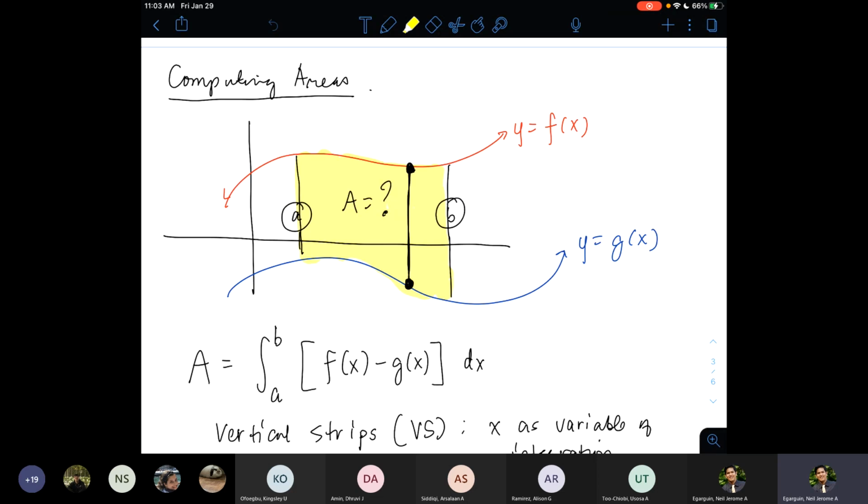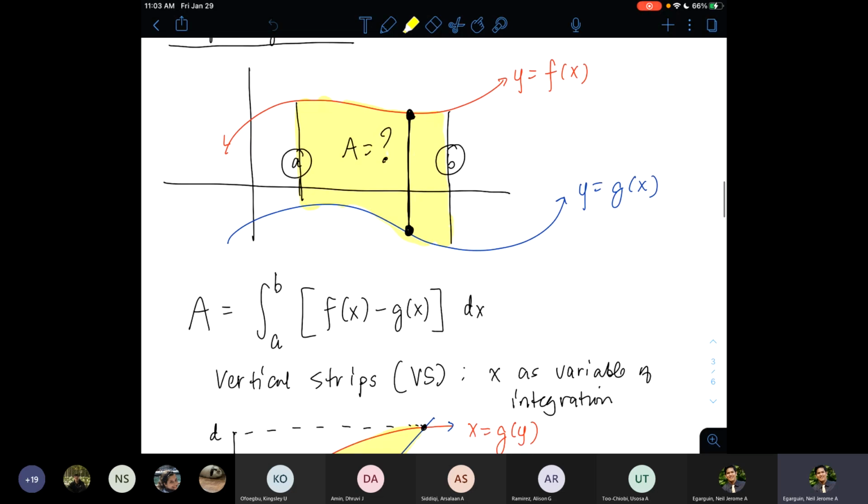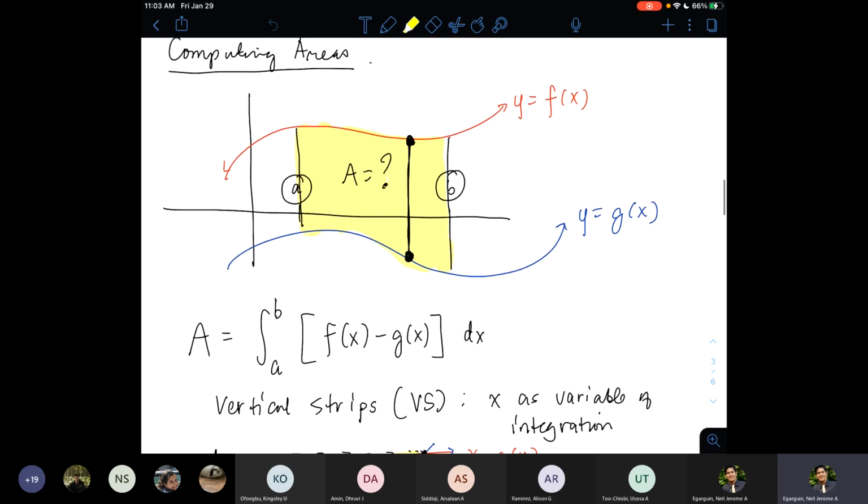So what is the function on top, on the bottom, what's on the right, what's on the left. So for instance, you figure out the shaded region to be the one highlighted in yellow, and then you decided to use vertical strips. Remember that vertical strips should always be used with a variable x. So when you decided, oh, I'm going to use vertical strips, write that dx over there, just to remind you that your integral would be with respect to x.